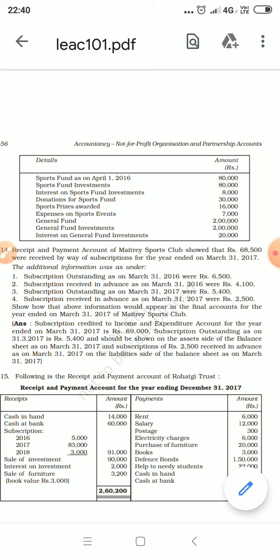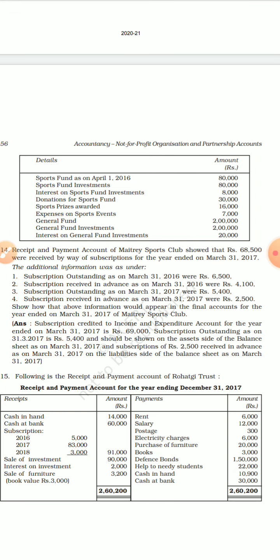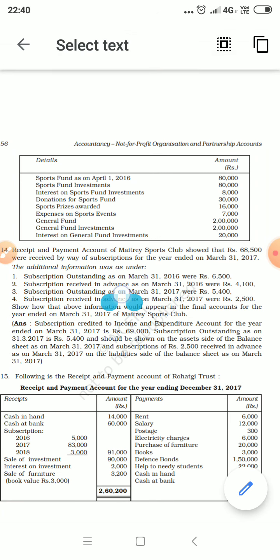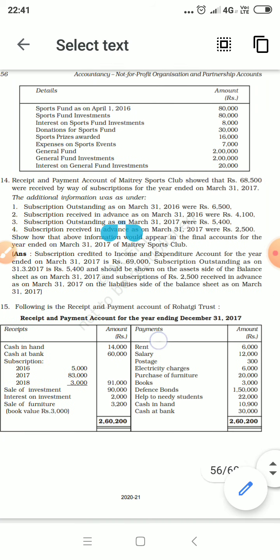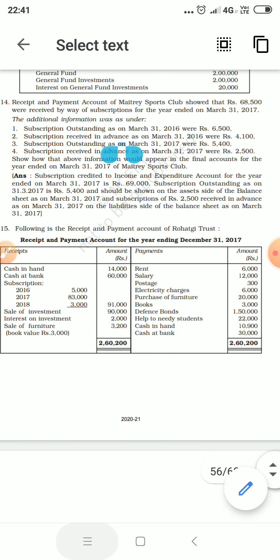Current year's advance is 2,500. So even though it is given, it is not mentioned whether there was any subscription outstanding for the previous year still not received. That amount is missing. So directly you can input the formula which I gave you.